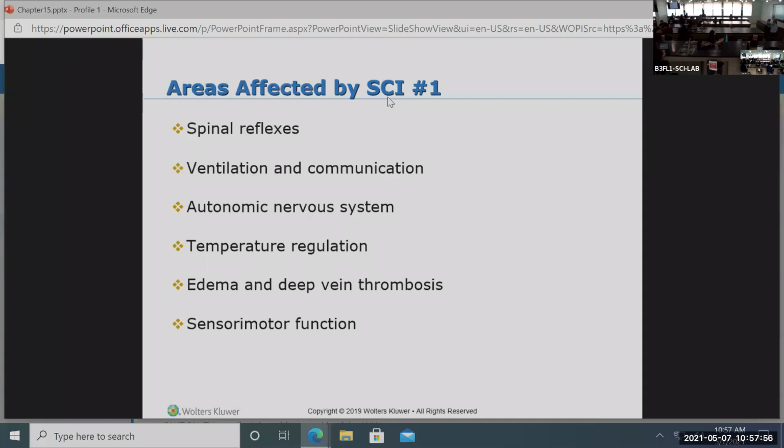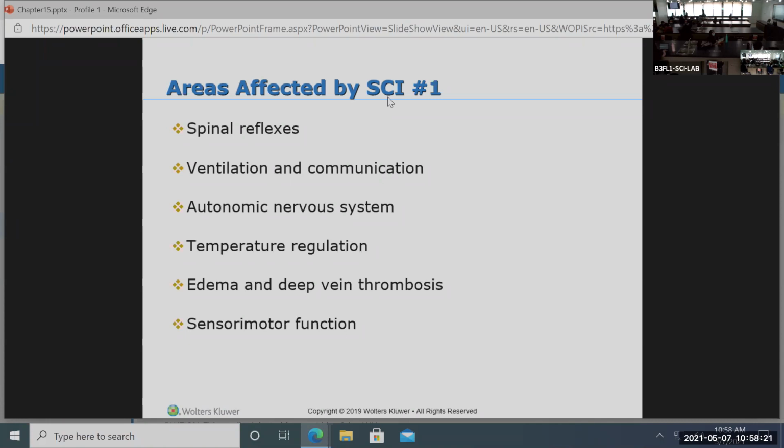And which part of the spinal cord? Sacral 2, 3, and 4. The sacral 2, 3, and 4 segments of the spinal cord send fibers for my parasympathetic system. That's what they call craniosacral.